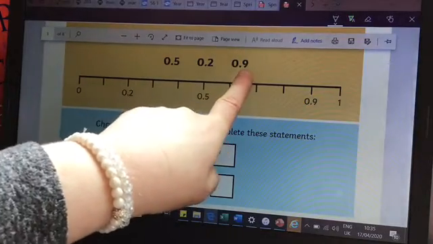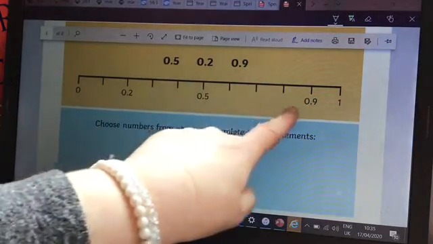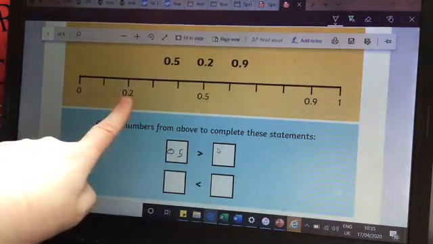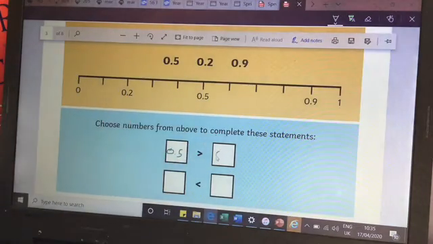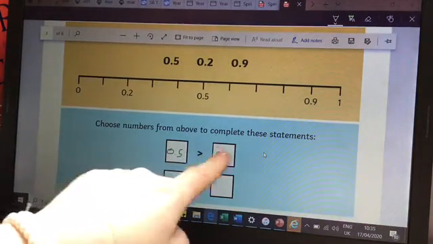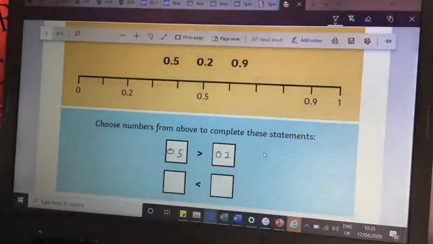Is it bigger than 0.9? I'm going to check my number line. No, it's not. Is it bigger than 0.2? Yes, it is. So in this box, I could write 0.2, and that statement would be correct. 0.5 is greater than 0.2.